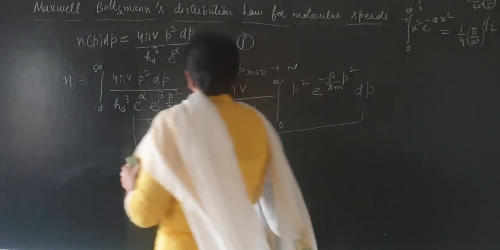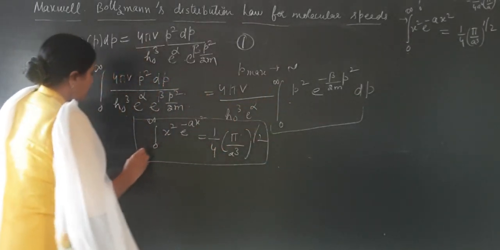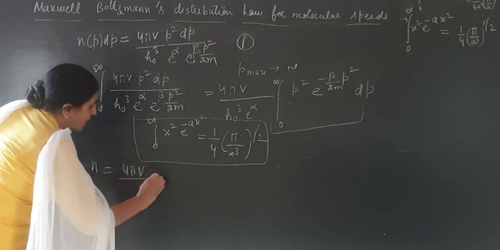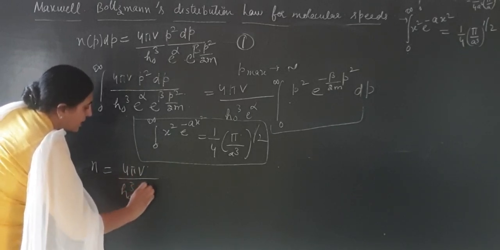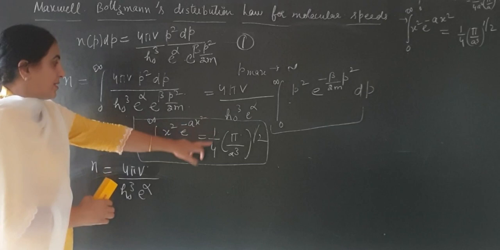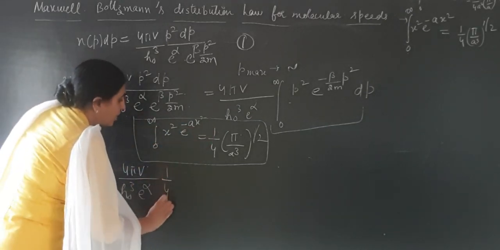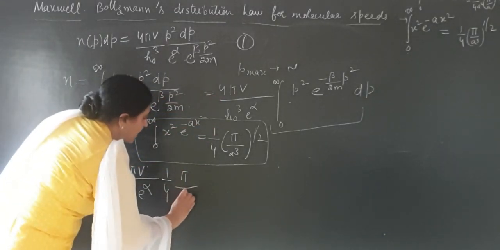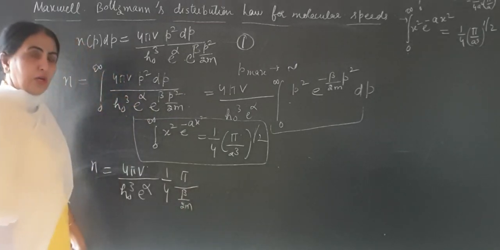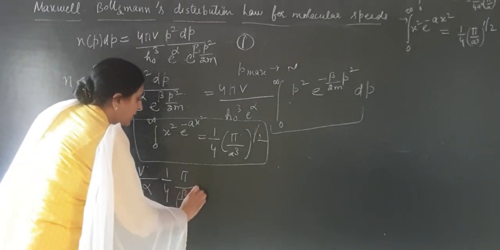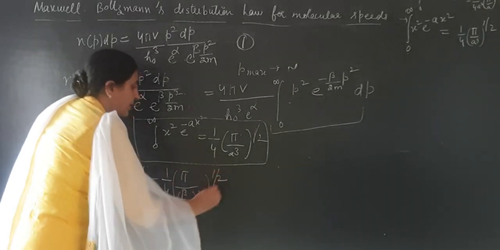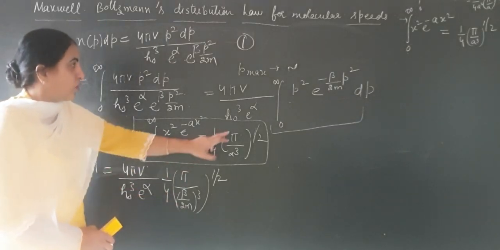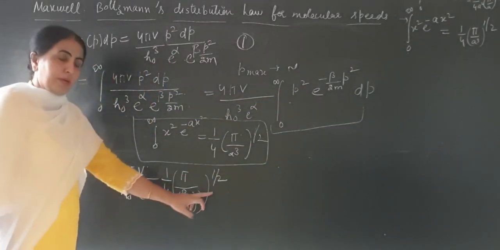So when we use this formula here, what you get: N is equal to 4 pi V upon h naught cube, e raised to power alpha, times 1 by 4, pi over a cube, where a is beta by 2m, raised to power 1 by 2.